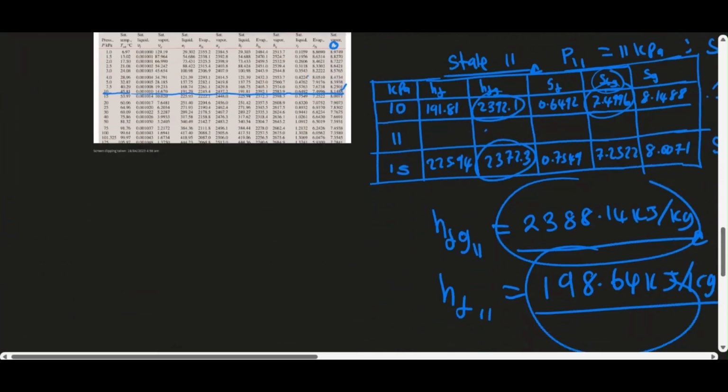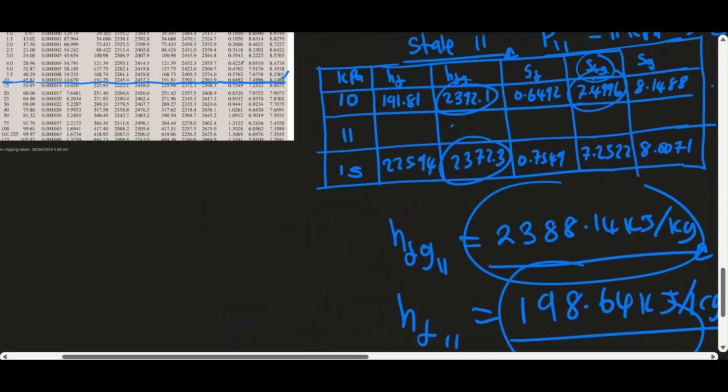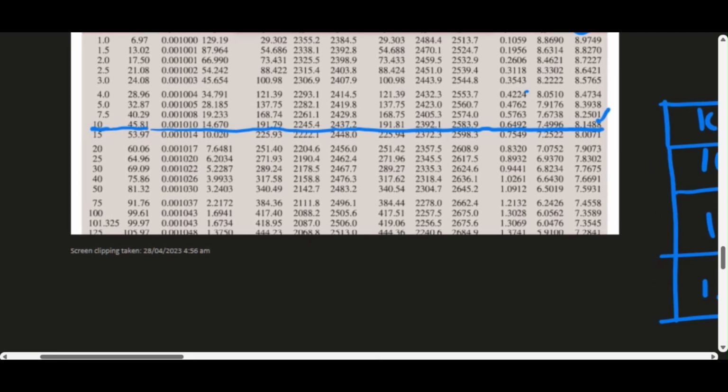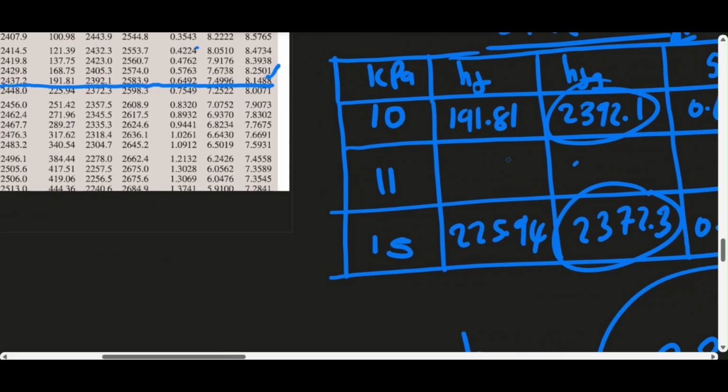Then we move to step 2. So step 1 would be HF at state 11. So we do need to do some interpolation here to get HF.